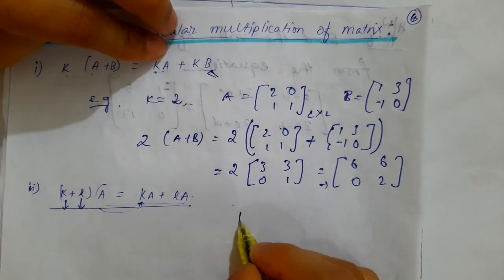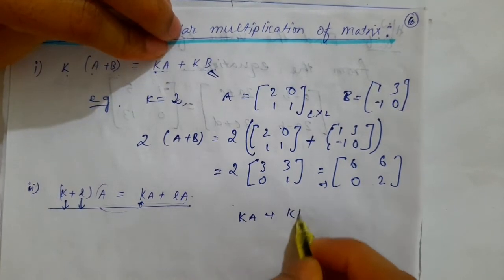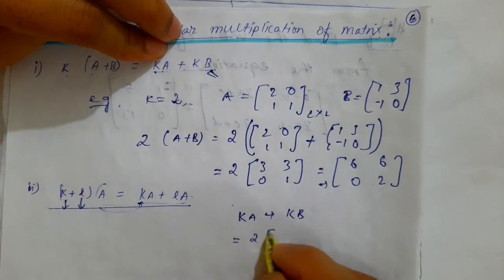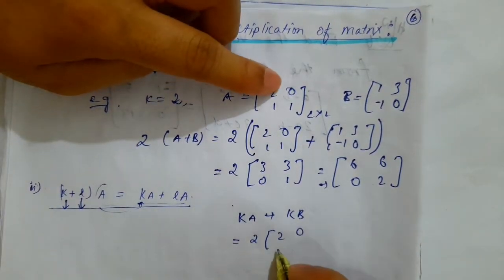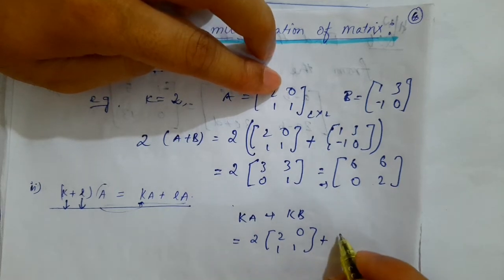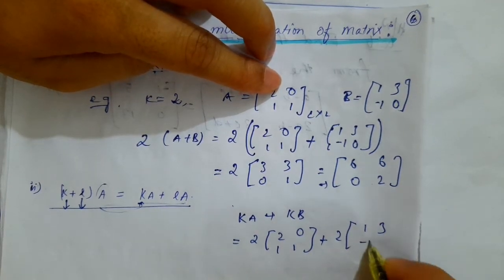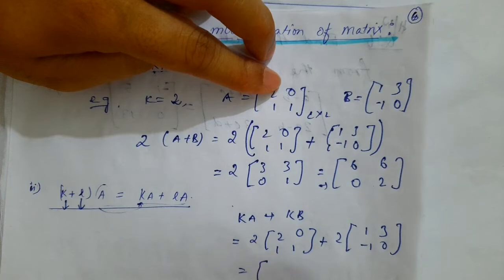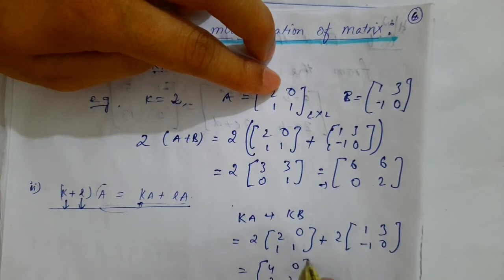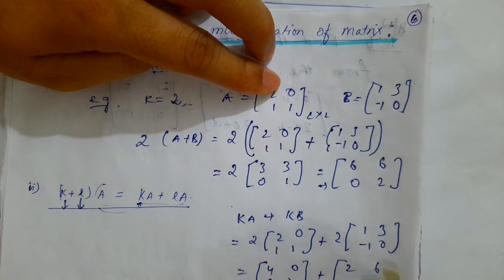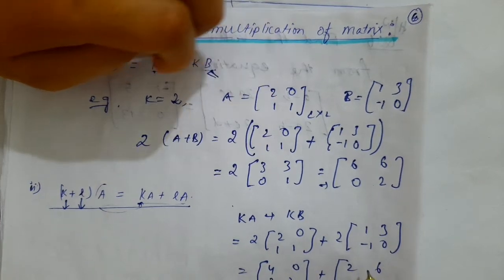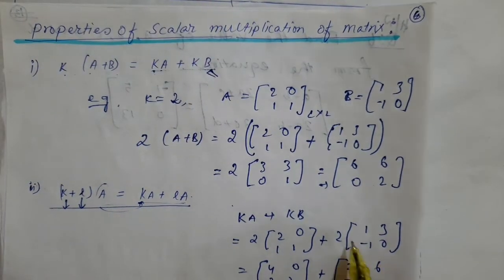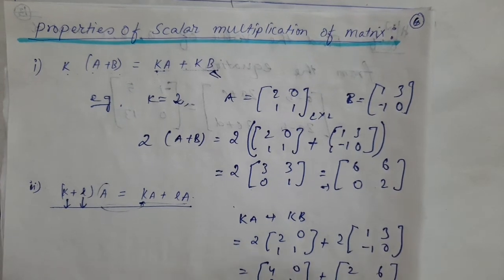Suppose k is 2, so kA plus kB is 2 of [2 0; 1 1] plus 2 of [1 3; -1 0], which gives [4 0; 2 2] plus [2 6; -2 0]. Adding, we get [6 6; 0 2].